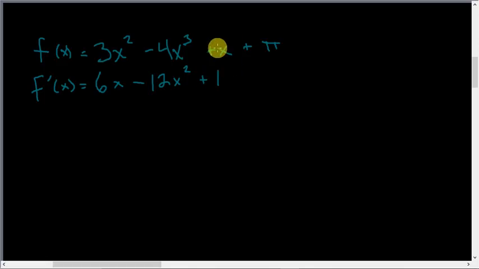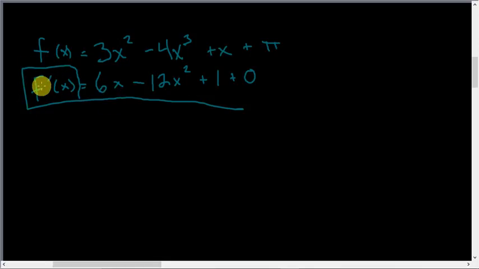There's a 1 up here, drop it down, decrement that 1 to 0, x to the 0, which is 1, so we get 1 times 1. And then plus, this is a constant, pi, so 0. Alright, so that's our answer. I wanted to show you this formal way to write it, and I also wanted to add pi in there.